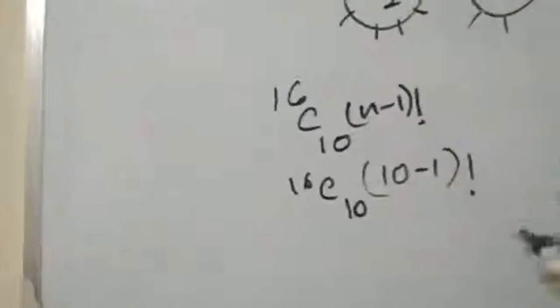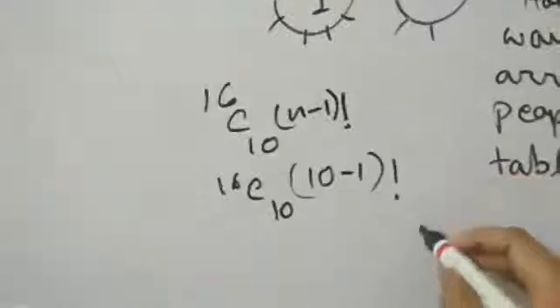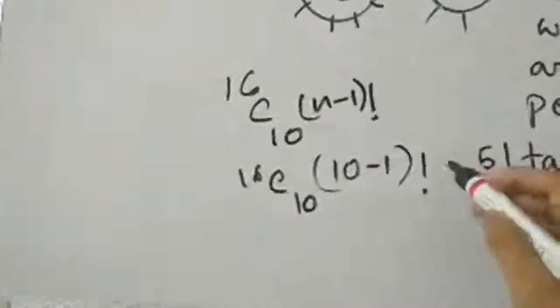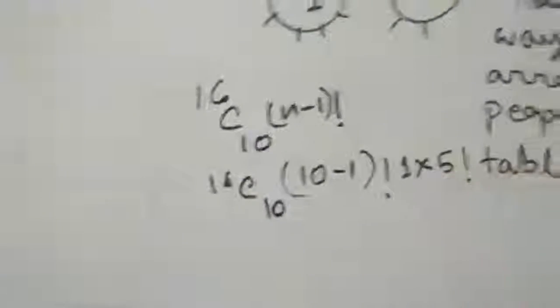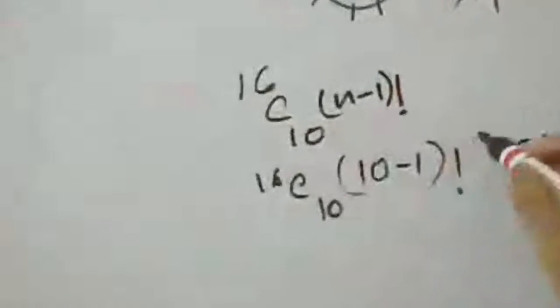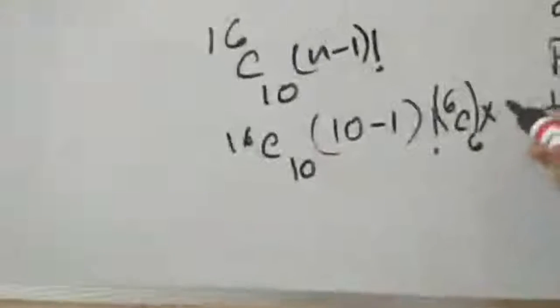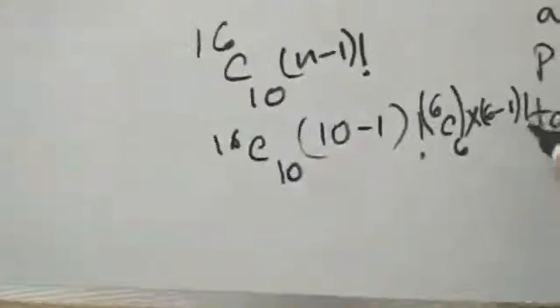And for table number 2, the rest of the 6 people, so it will be 5 factorial into 1. Why into 1? Because it will be 6C6. That is the reason why it will be 1. So this is the answer. Why 5 factorial? It means 6 minus 1 factorial.